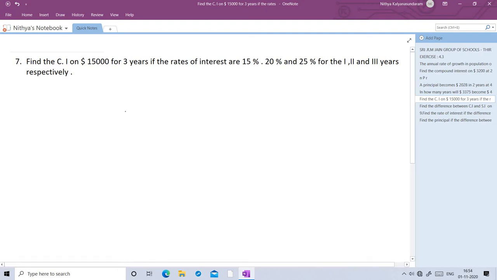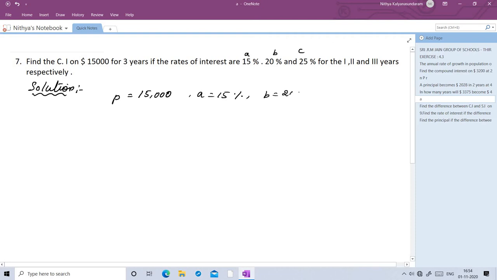So first we calculate the amount. Principal is equal to 15,000. The rate of interest for 3 years is given, so take them as A, B and C. A is equal to 15%, B is equal to 20%, C is equal to 25%.